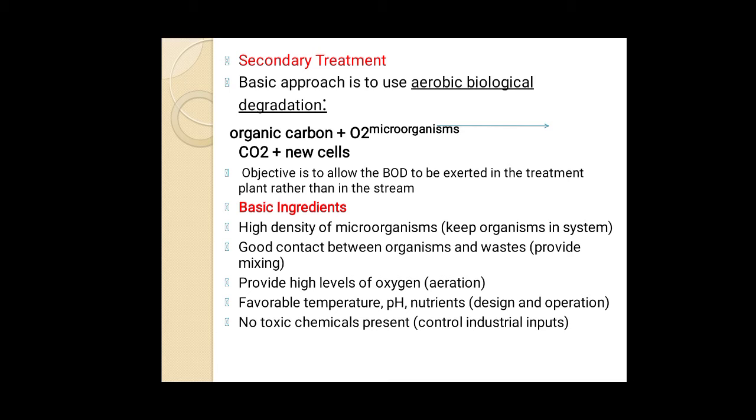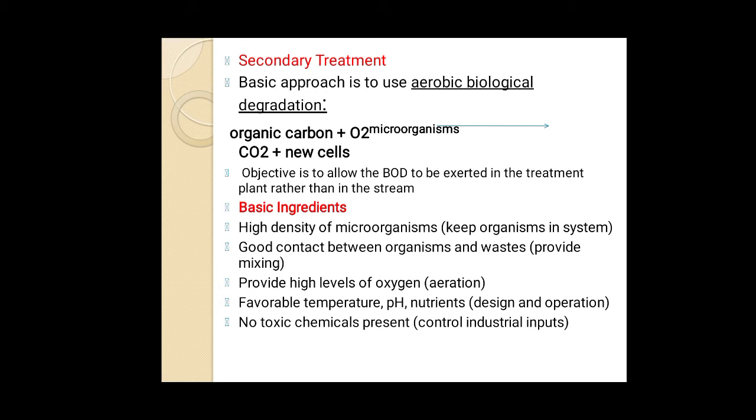The objective is to allow the BOD to be exerted in the treatment plant rather than in the stream. The basic ingredients: a high density of microorganisms, then good contact between the organisms and waste provided by mixing, then a high level of oxygen, because this is an aerobic process, so oxygen is important for the aerobic condition.